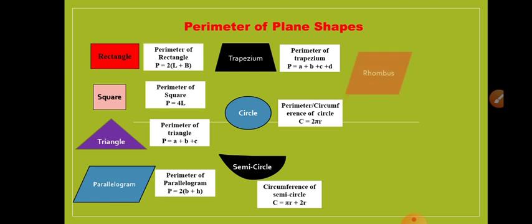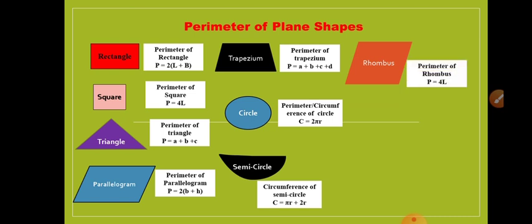The next one is rhombus. Rhombus looks like a square, but it has a slant height. All four sides are equal, so the perimeter of rhombus equals 4 length. Now we have kite.